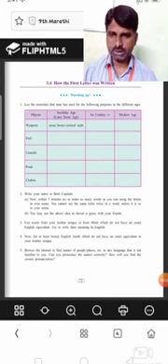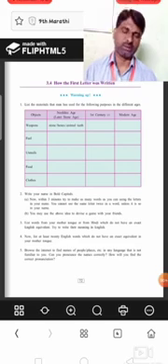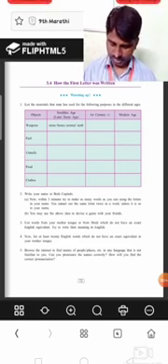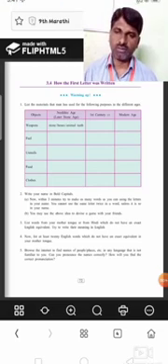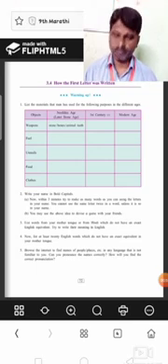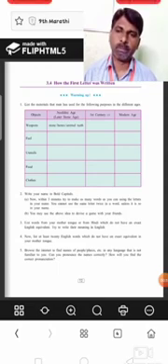Now children, this story is written by a famous, well-known writer, Rudyard Kipling. In this story, he deals with an imaginary origin of letter writing. It is believed that the earliest form of writing was pictorial.